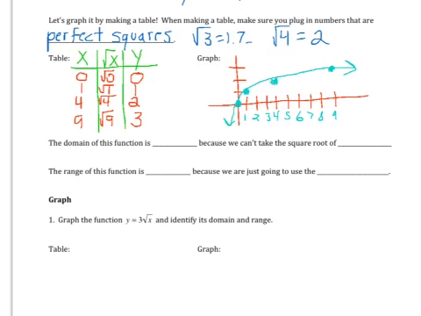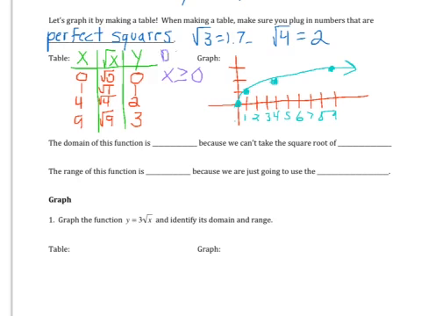And the reason that there's not is because we can't take the square root of any negative number. So I wouldn't be allowed to plug in a -1, and that part of the graph would not exist. So we say that the domain of the square root function is x is greater than or equal to 0, because we're not allowed to plug in any values that are negative.